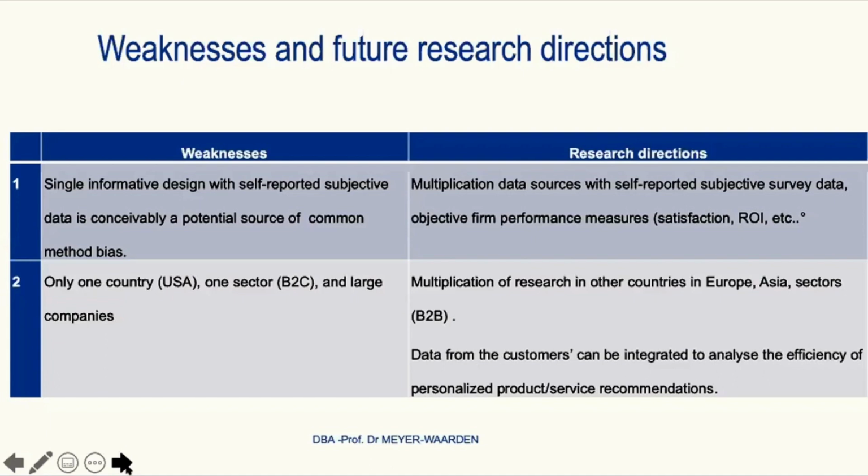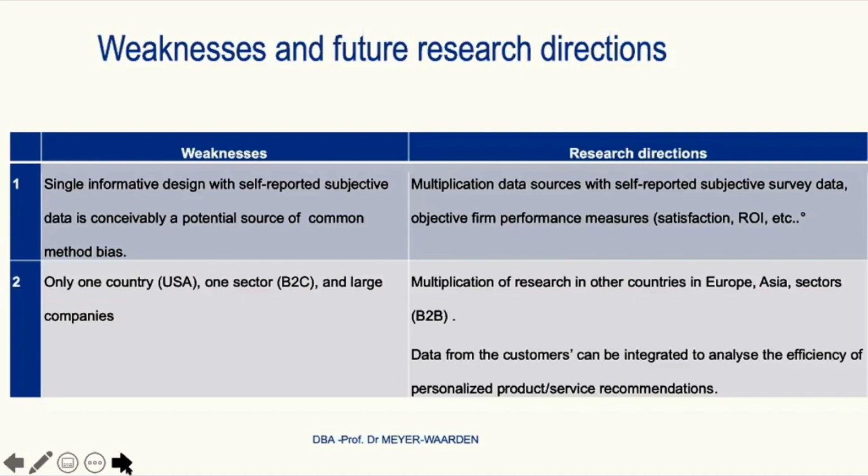So there is a big bias. Naturally, the managers will probably say my actions or big data are important. It would have been better to measure all the different concepts of big data resource and marketing capabilities with scales, and to measure performance with objective firm performance indicators, such as satisfaction, ROE, etc.